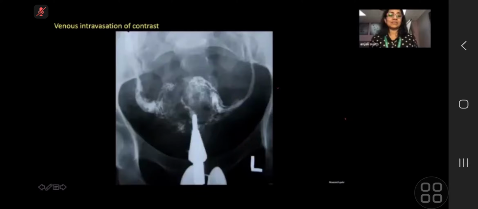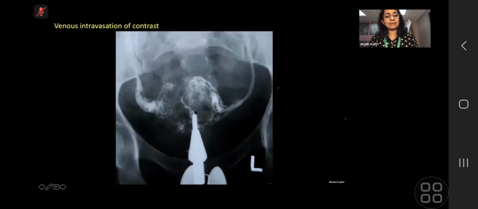Okay. So this is venous intravasation of contrast. That appears when you're forcefully injecting contrast into the uterus. What happens is the contrast is intravasated into the venous and lymphatic channels of the uterus. And you will not see an opacified uterine cavity. You will see a bizarre appearance of draining linear structures, and these are draining pelvic vessels.